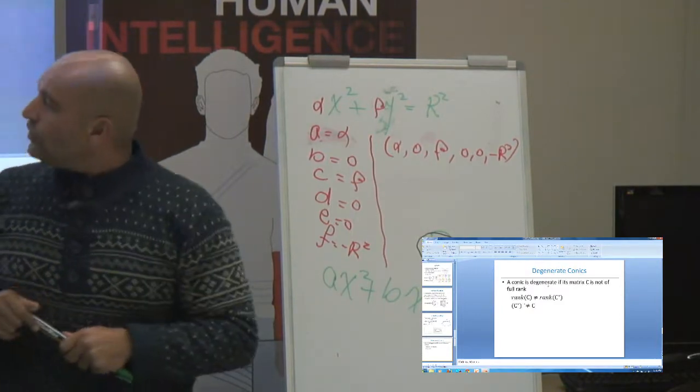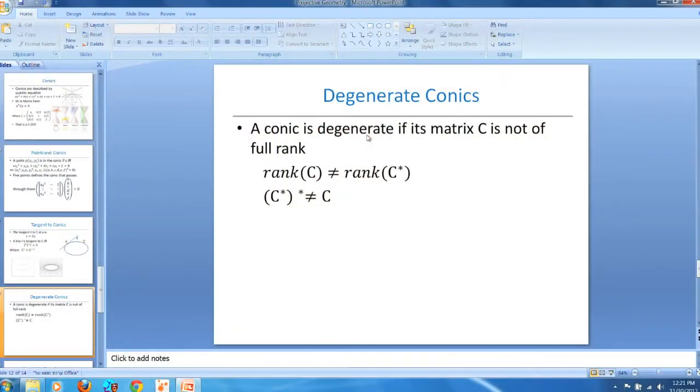Now this is what we mentioned, that the requirement of full rank relates to what we call a degenerate conic. A degenerate conic is when the rank of the matrix C is not the same as the rank of its inverse.